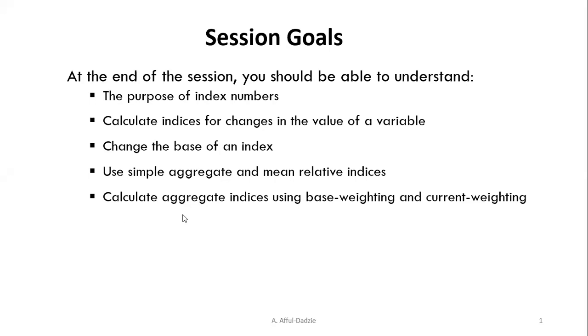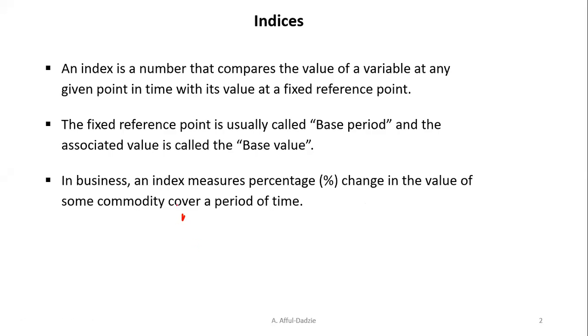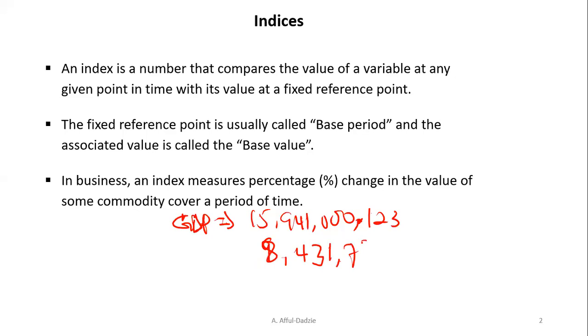Now, suppose that our GDP could have values such that 15,941,00, okay, and let's see, 8,431. Okay, now let's assume this is the GDP between 2020 and 2019.